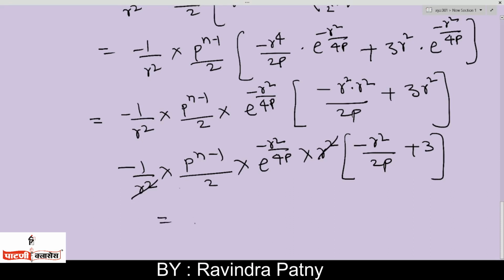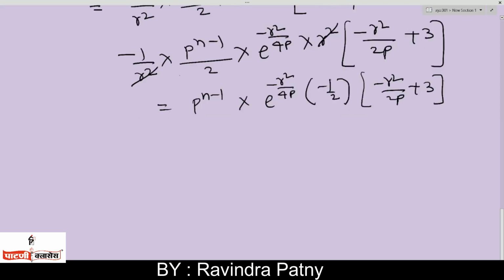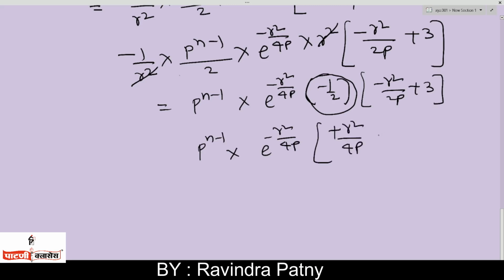This can be written as p raised to n minus 1 into e raised to minus r square upon 4p into minus 1 by 2 and minus r square upon 2p plus 3. Now this minus 1 by 2 will be taken inside. So we get minus r square upon 4p plus minus 3 by 2.